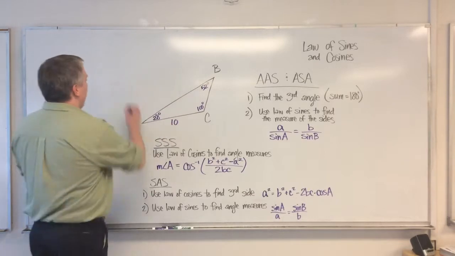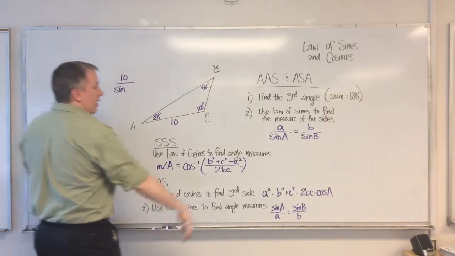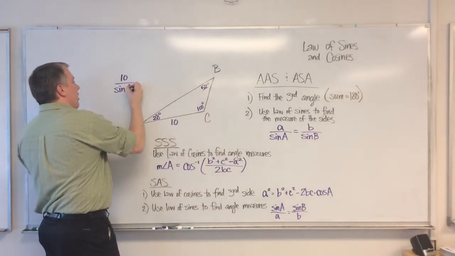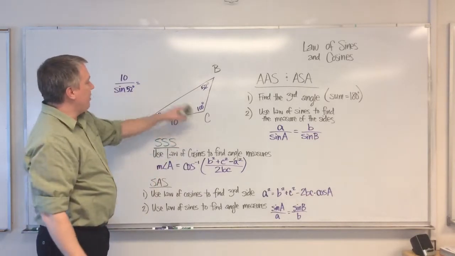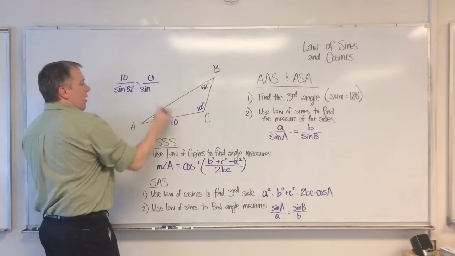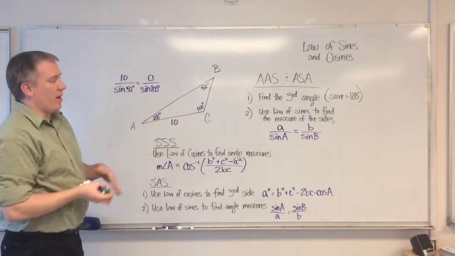So I'm going to do 10 over the sine of b, because this is opposite here, so sine of 52 degrees is equal to something I don't know, let's say opposite c, over the sine of c. So I want you to recognize the pattern here.